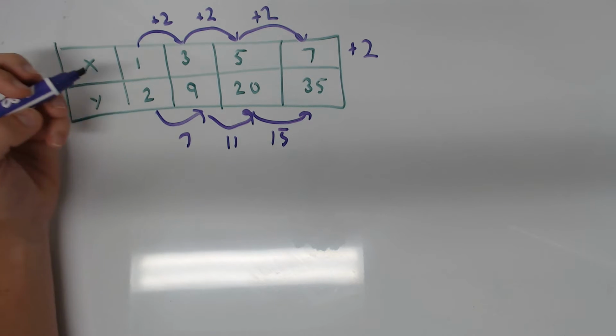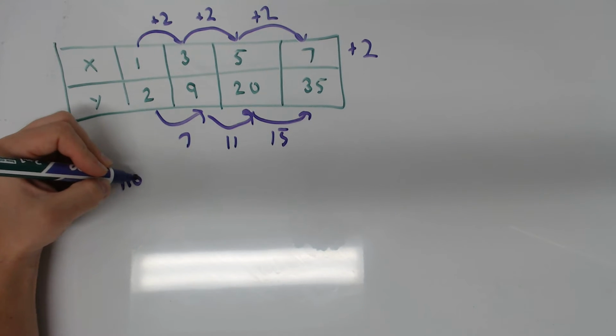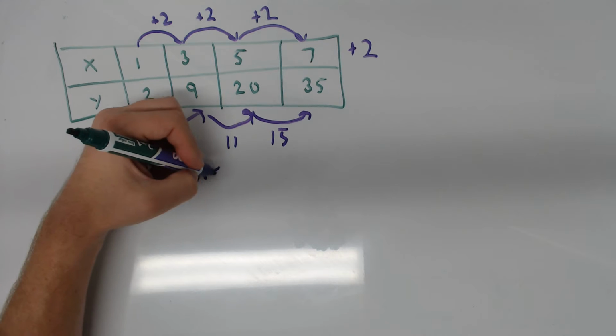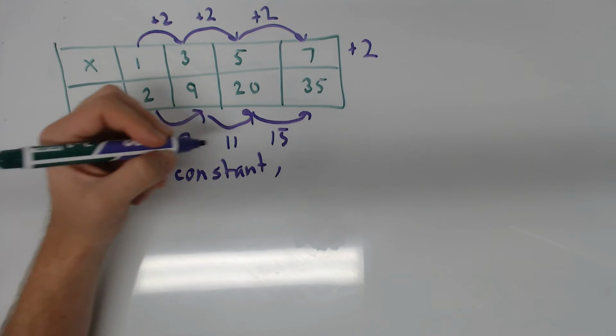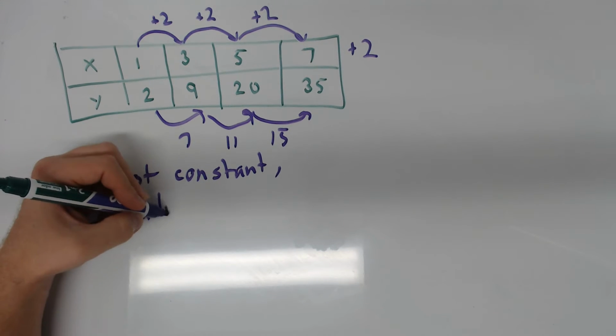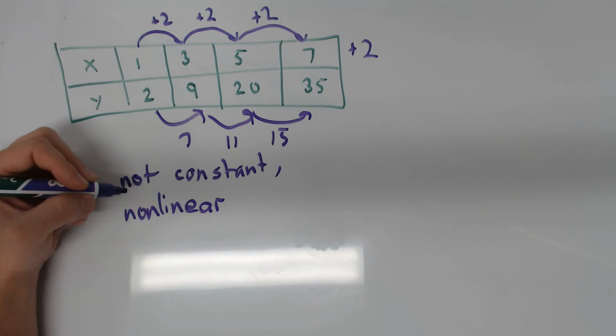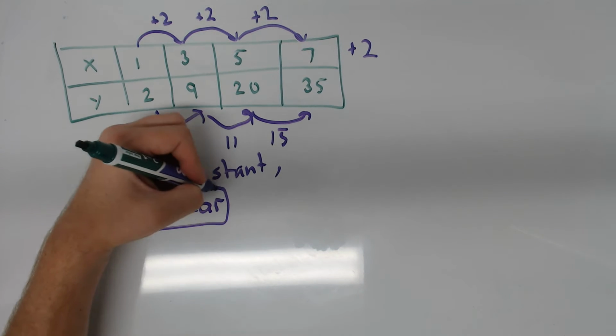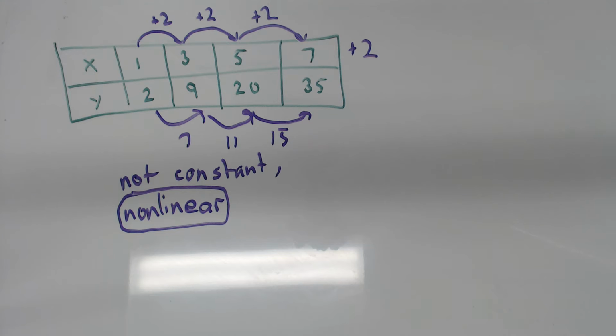All right, so that is not constant, which would make this nonlinear. It can still be a function, but this one is going to be a nonlinear function. All right, so that would be in some way curvy on the graph.